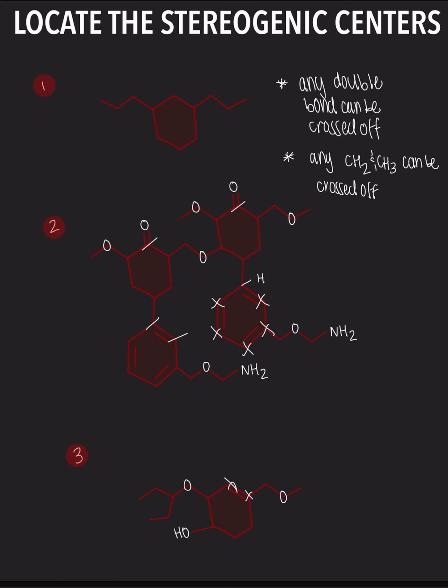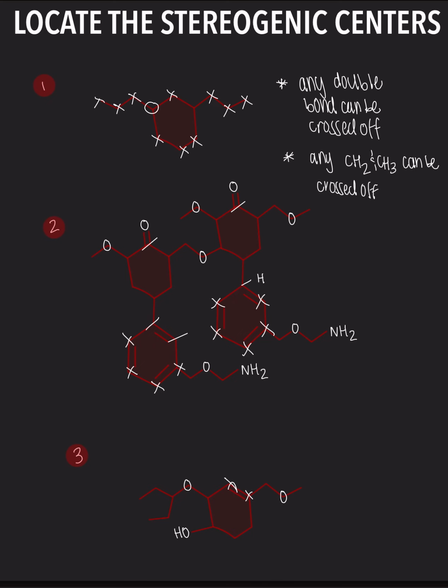And then next trick. The next trick is you have to cross out any CH3s or CH2s. Why? Because you have multiple hydrogens, therefore you have the same group. So those can be crossed out as well. So out, out, out, out, out, out, out, out, and out.